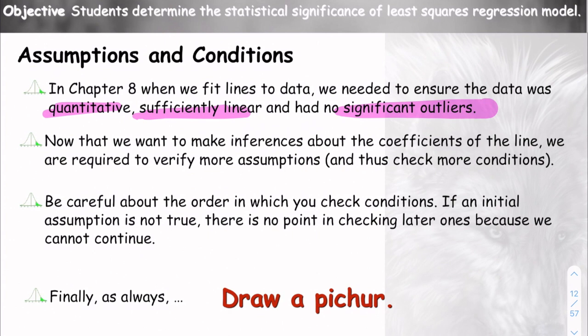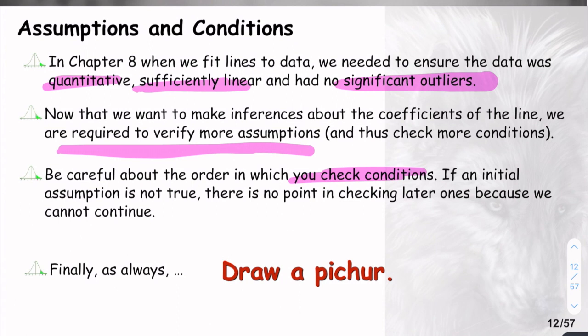Now that we make inferences about the coefficients of that line, we are required to verify more assumptions and thus check more conditions. So be careful about the order in which you check these conditions. We're going to walk through the body fat percentage and waist size in a little more detail to show you these assumptions and conditions. If an initial assumption is not true, there's no point in checking later ones because we cannot continue.